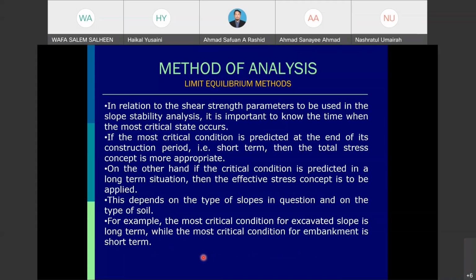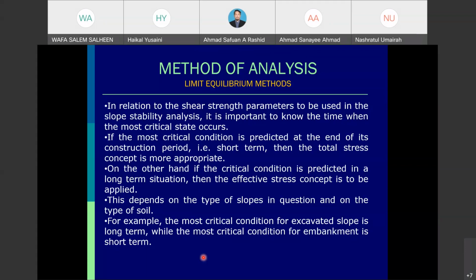In relation to the shear strength parameter to be used in slope stability analysis, it is important to know the time when the most critical state occurs. If the most critical condition is predicted at the end of the construction period, a short-term analysis should be used, where we use the total stress concept, and it is more appropriate compared to the effective stress analysis, or what we call a long-term analysis.